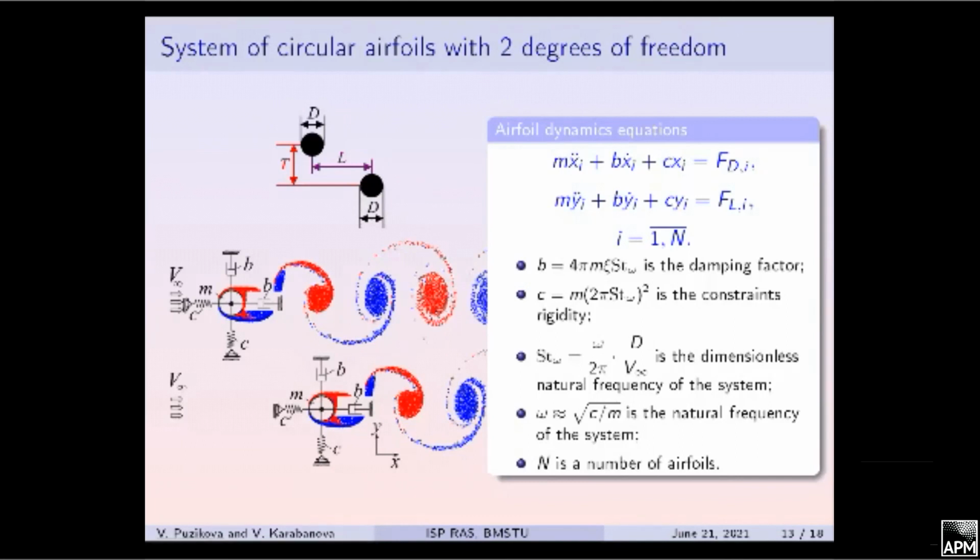You don't hear me, and now do you hear me? Yes, I hear you very badly. Okay, the question is, how do you determine these F_D and F_A terms? Yes. In these equations, how are these terms determined?